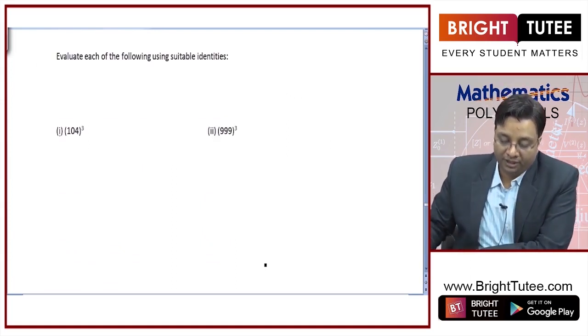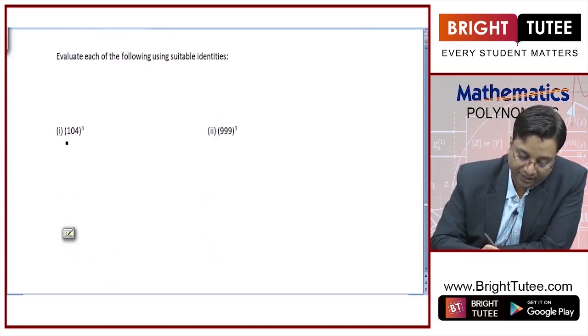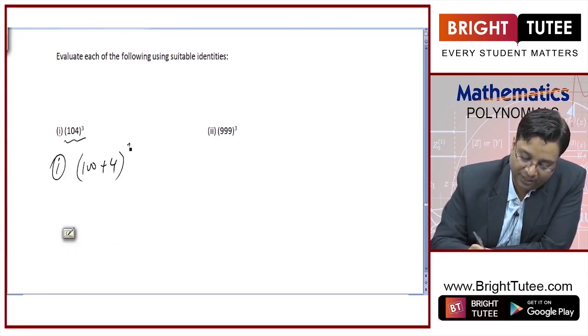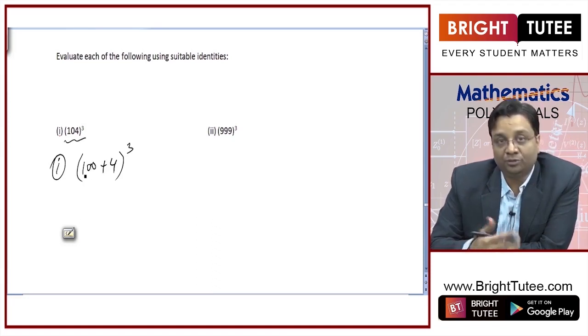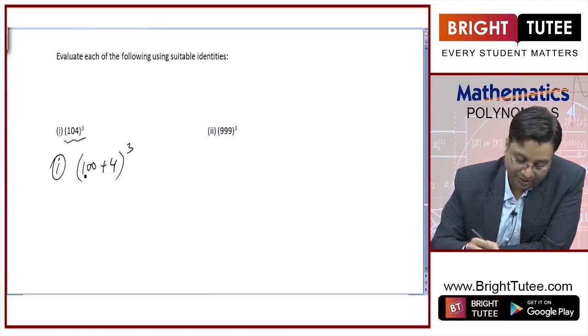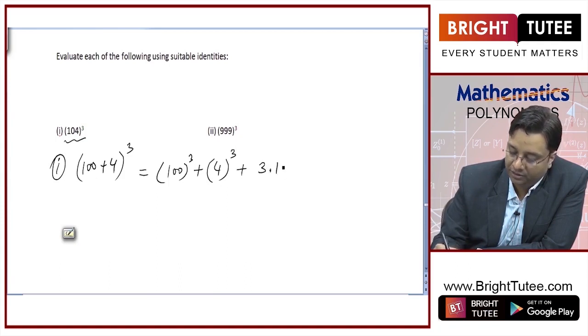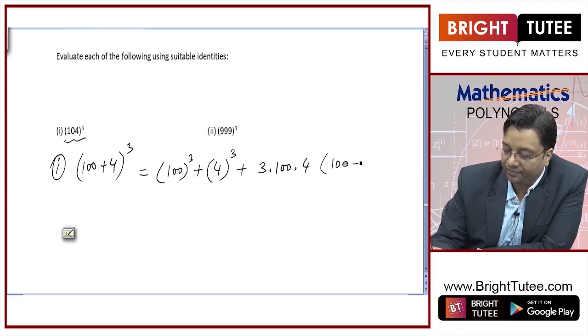Evaluate each of the following using suitable identities. This is a cube, right? So first part, 100 plus 4 whole cube. Why? Because 100 cube is easier to calculate. So this can be written as 100 cube plus 4 cube plus 3 into 100 into 4 into 100 plus 4.